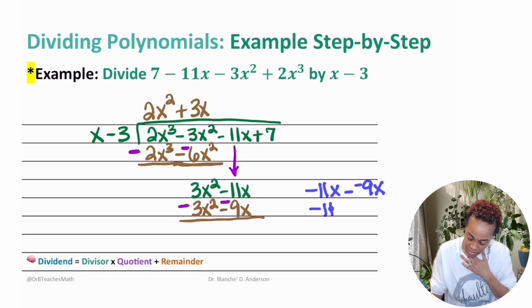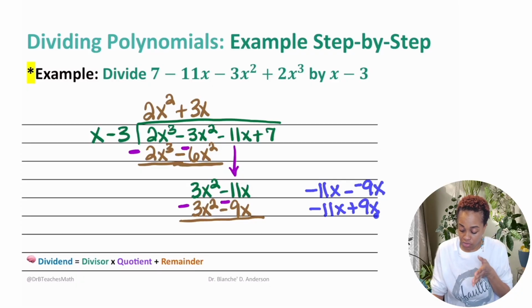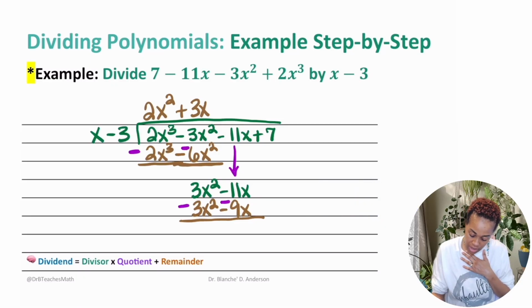That's going to be a minus 11x plus 9x, because a subtraction next to a negative turns into a positive. So this becomes a negative 2x. Now we need to bring down our plus 7. So far, so good?